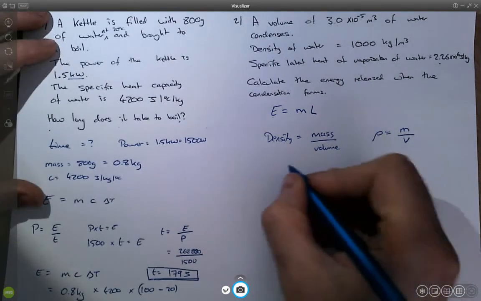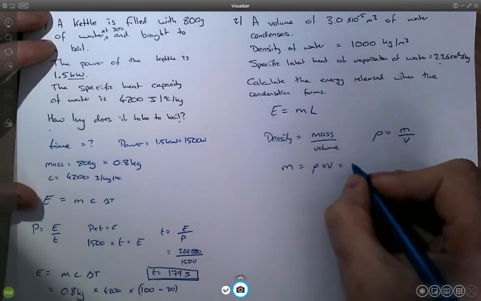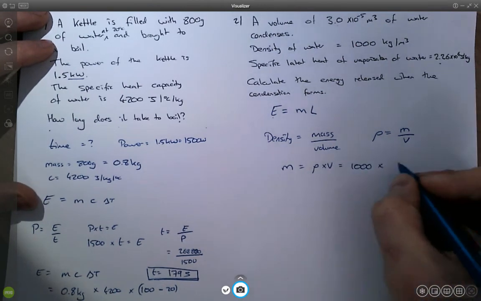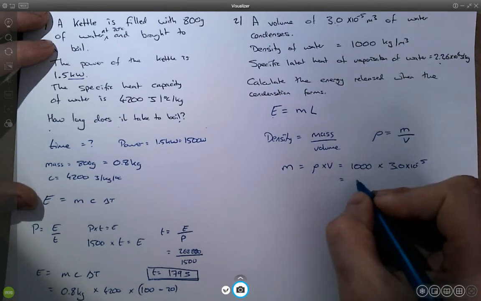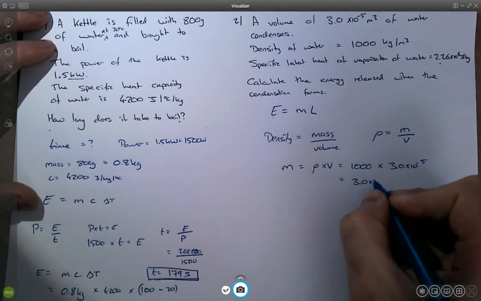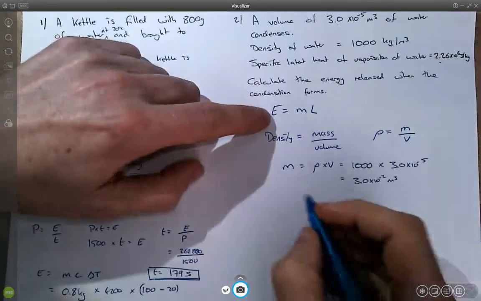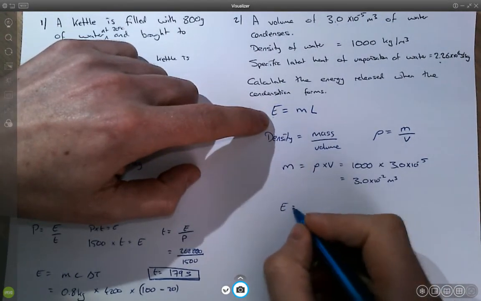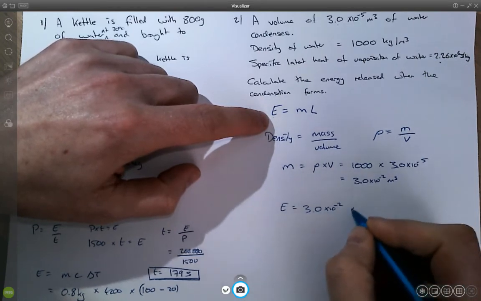So therefore, mass equals density times volume, which is 1,000 times by 3.0 times 10 to the minus 5, which is 3.0 times 10 to the minus 2 kilograms. Now we can put it in this equation. So energy is our mass times our latent heat.